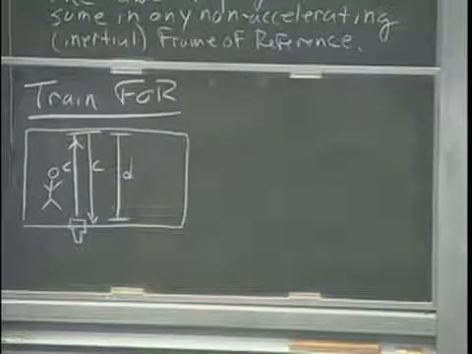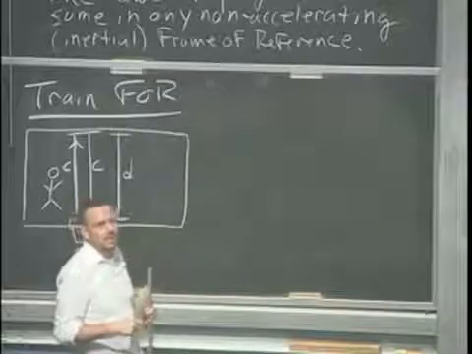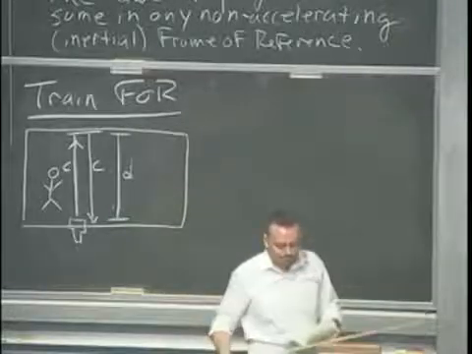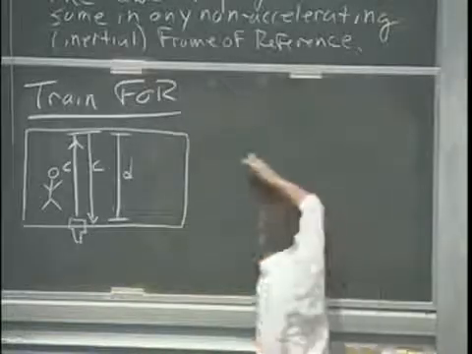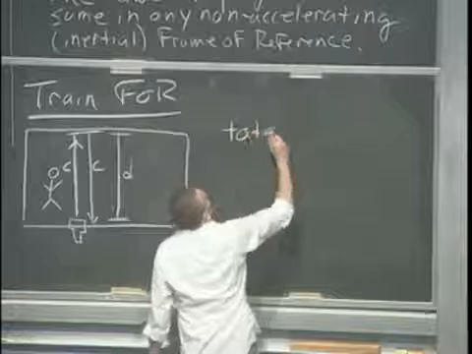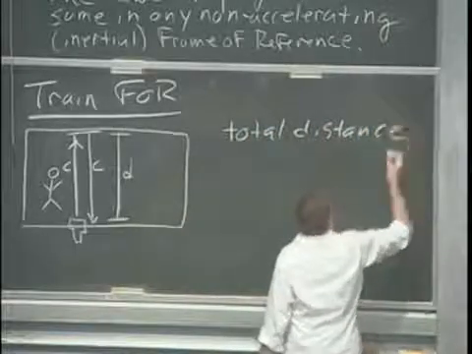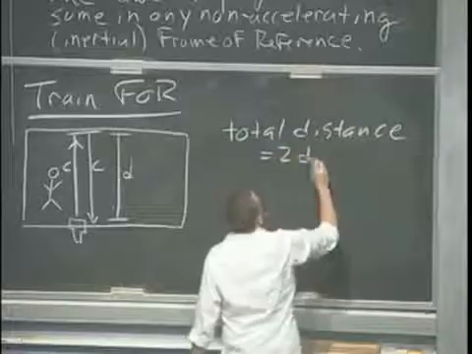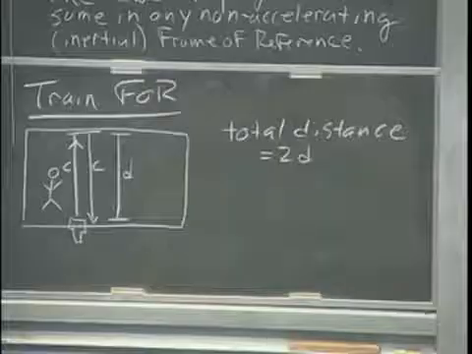Einstein tells us that the speed of light is the same in any frame of reference, so that's just a constant. It's 186,000 miles per second. And so the total distance traveled by that light is 2 times the height. Okay, so the separation between those mirrors, so 2d.